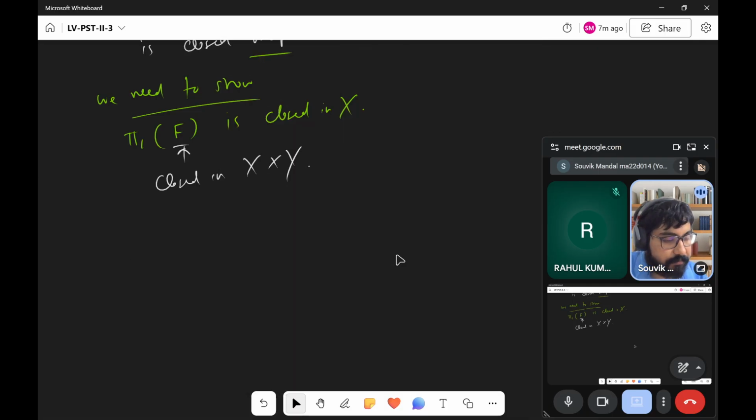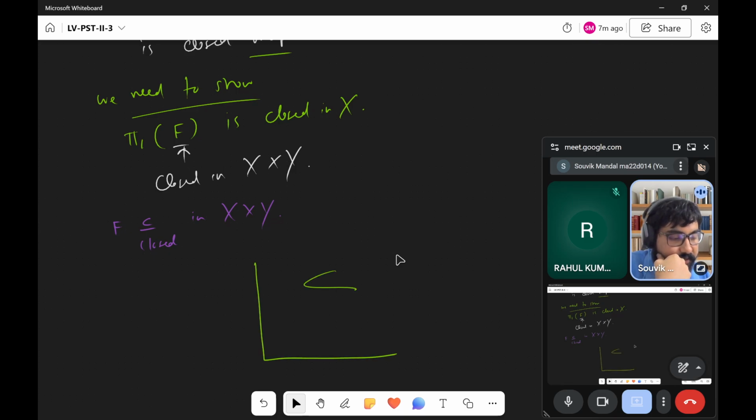So basically, in this argument we start with F, which is closed in X cross Y, right? For the sake of understanding, this is our F. So by definition, the complement of F in X cross Y is open. Correct? There is nothing much to explain.